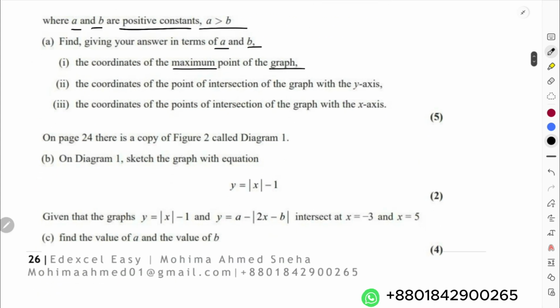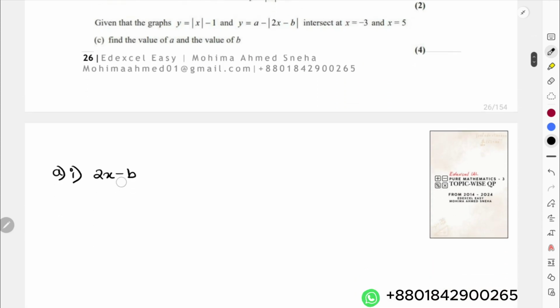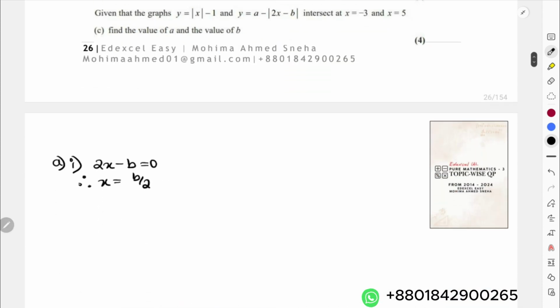Equals to 0. So you can write 2x plus b, or minus b was it? 2x minus b, that is equals to 0. So your value for x becomes b by 2. If your value for x is b by 2, then your f of x is going to be a minus 2x minus b.